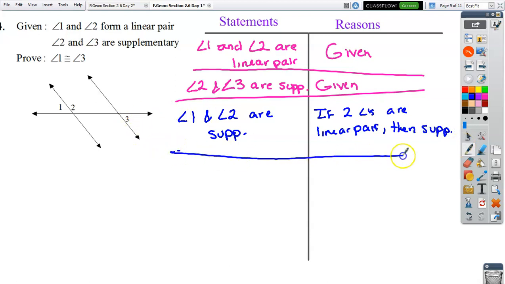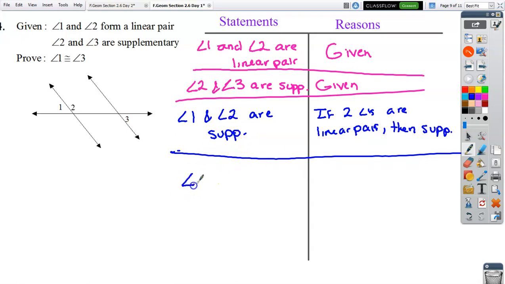Cool. Now, remember that one other theorem: if two angles are supplementary to the same angle, so in this case angle 1 and angle 3 are both supplementary to angle 2, that means that they are congruent.